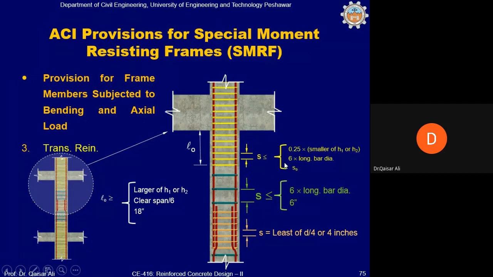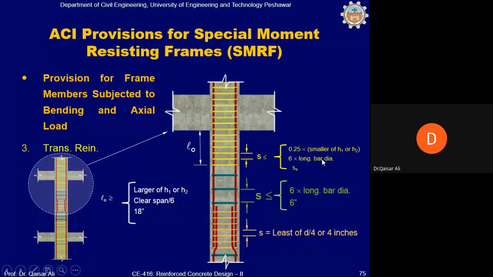The criteria for the tie spacing is the smaller of H1 or H2. As I said earlier, let's say H1 is 20 and H2 is 30. So the smaller is 20, multiplied by 0.25, or 20 divided by 4, so this is 5 inches. Or 6 times longitudinal bar diameter.